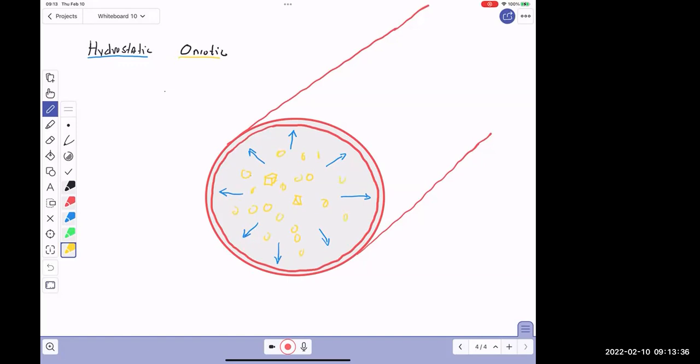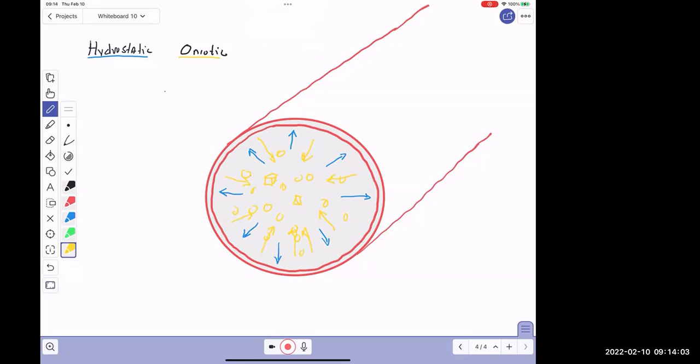That exerts pressure. And remember that water is attracted to those particular solute molecules. And so that is going to pull, right? That is going to pull water toward it.